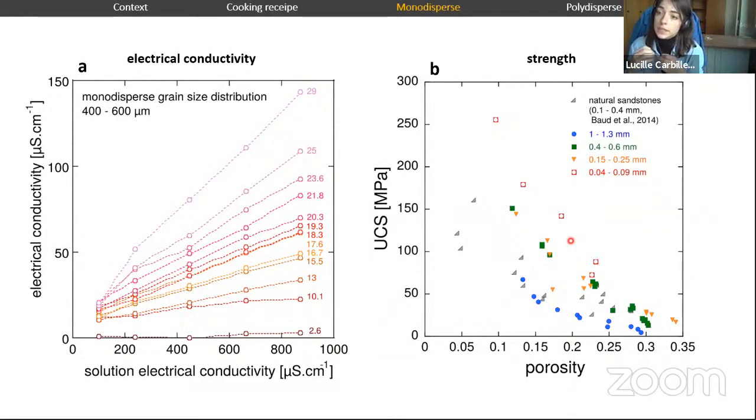I was actually expecting to have something that is stronger, because in the numerical simulations that were conducted recently, changing the distributions, they actually predict that if we mix different sizes and if we add smaller grains to an ensemble of big grains, we would actually make the rock stronger. So that's the reason why I was skeptical at first about these data.